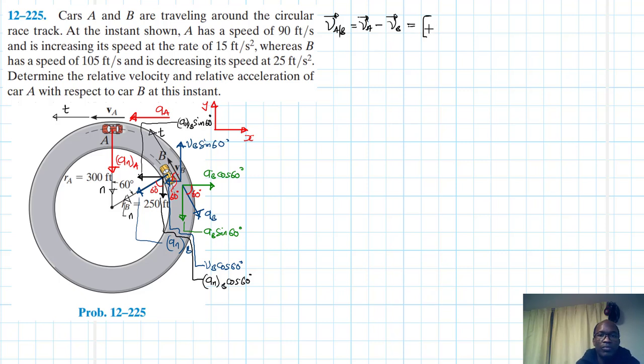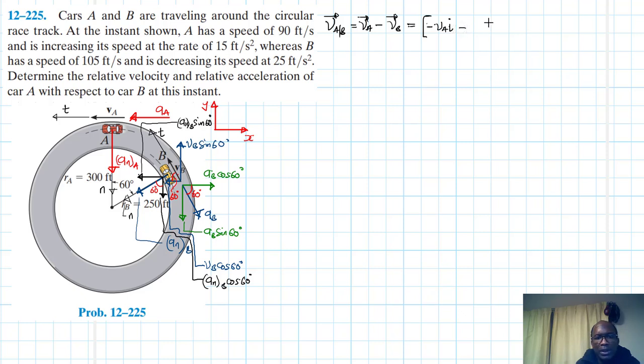We have v_A i, which is negative, so it's minus v_A i.